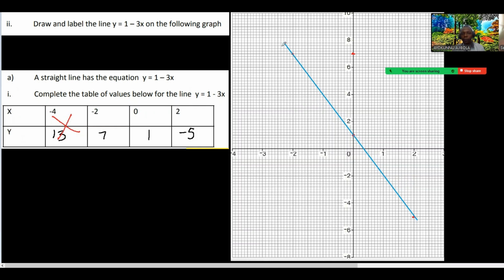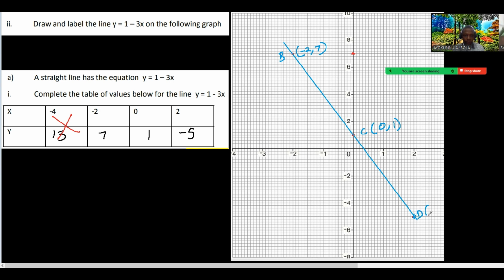Now, if I ask you if this point is point B, not point A now, because we couldn't locate the first point. So if this point is point B, what are the coordinates of point B? That is minus 2, comma 7, okay? Then if this middle point is point C, what are the coordinates of point C? X 0, y 1, okay? Can you pick the coordinate of the last point here for me?